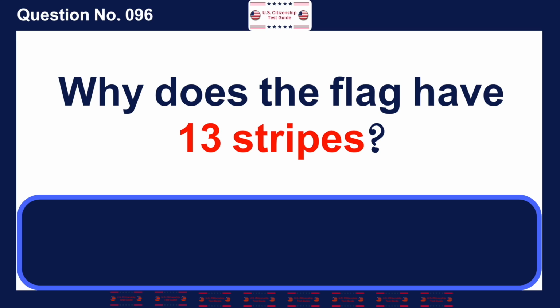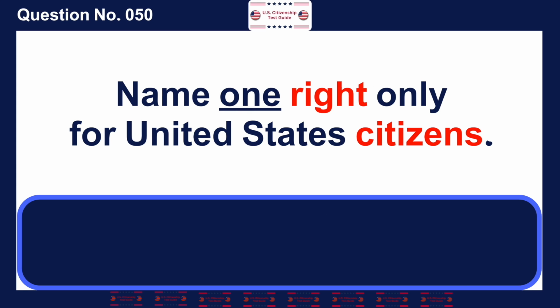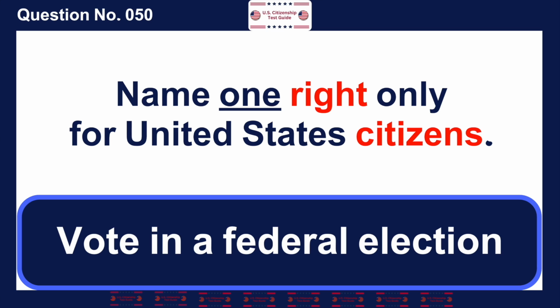Why does the flag have 13 stripes? Because there were 13 original colonies. Name one right, only for United States citizens. Vote in a federal election.